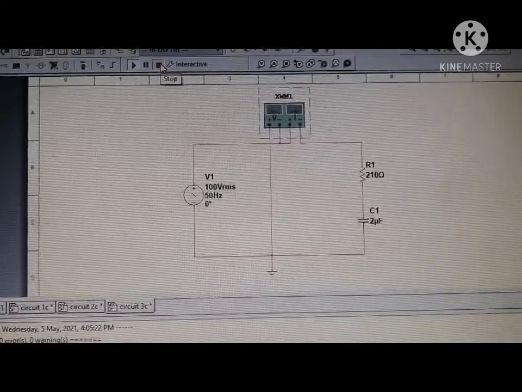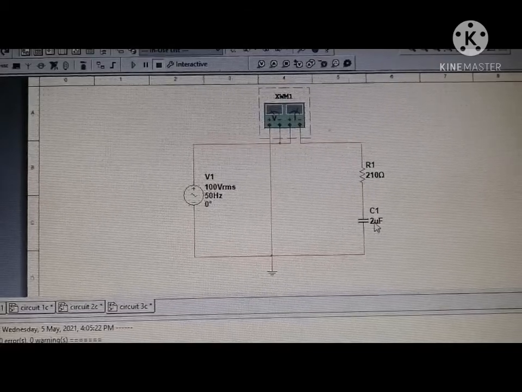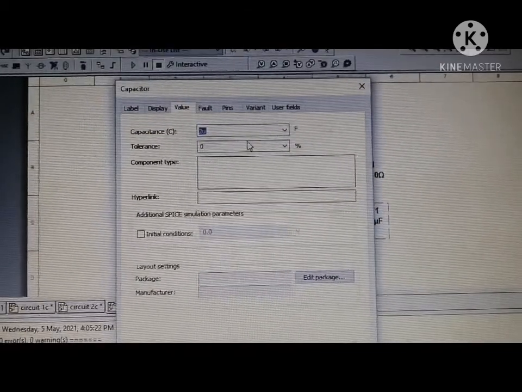Alright, so stop the simulation, and then change the capacitor only, to 4 microfarad.